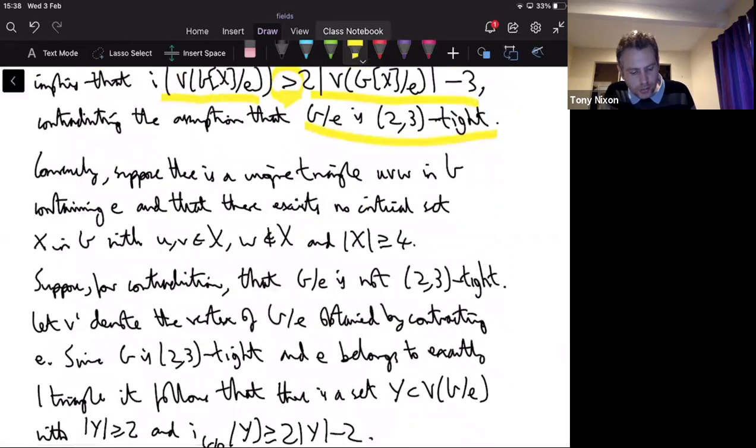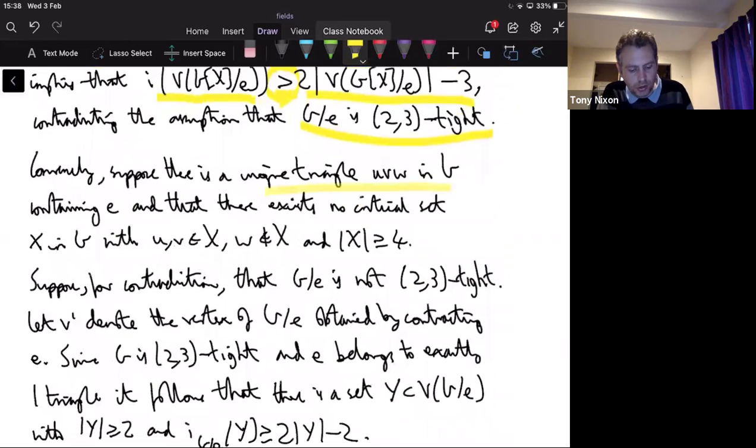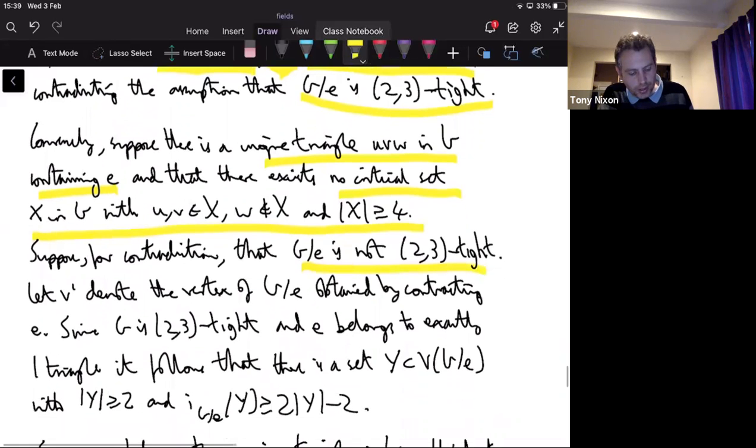So conversely, suppose there is a unique triangle containing E, and there is no critical set with the stated properties. Now we suppose that G contract E is not 2-free tight, and let V dash denote the vertex of G contract E we get by contracting E. So we contracted E equals UV into some new vertex and we call it V dash.